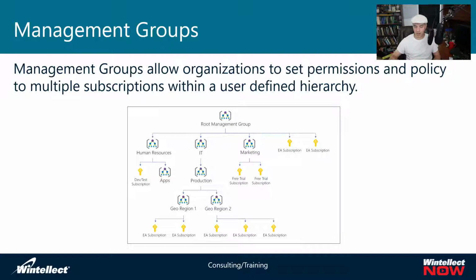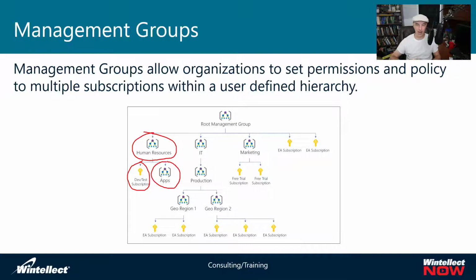Now, one common way is to organize your subscriptions around the business functions which they serve or the business units that they serve. So for instance, in this first group over here, we have a human resource management group, and inside of that we have a dev test subscription and then apps and another management group.